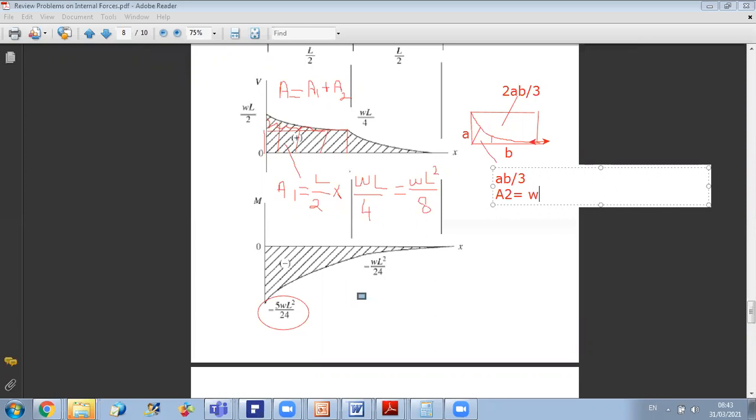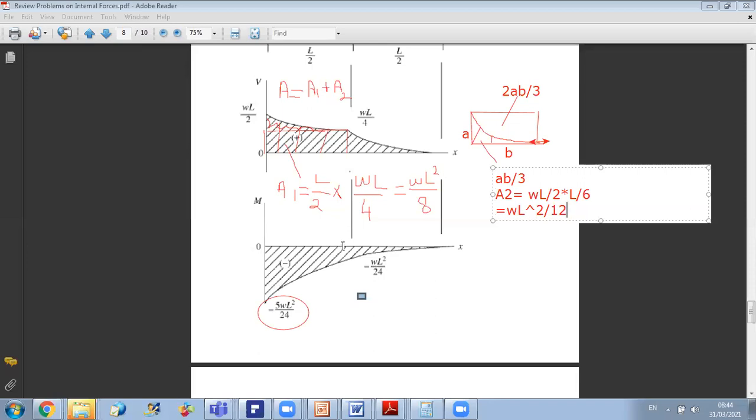So omega L over 2 times L over 2 over 3. So it is L over 6 if you want. Okay. So you will get that A2 is equal to omega L square over 12. Okay. And now you can say that A1 plus A2, so delta M if you want.